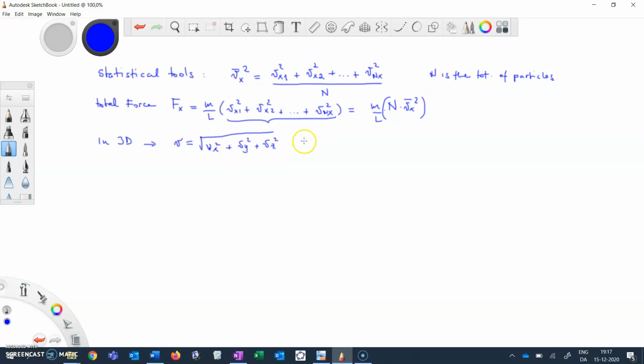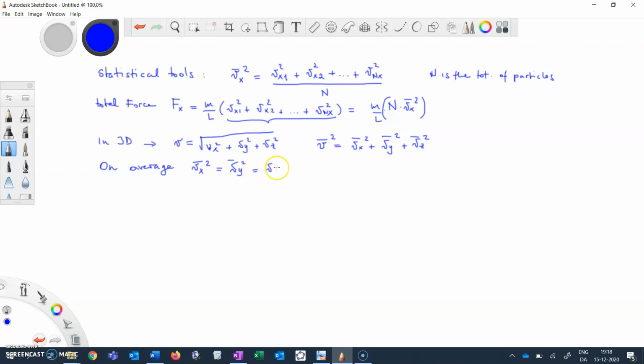But therefore, if I can define v in this way, then I can also define the v average squared, which is just going to be vx average squared plus vy average squared plus vz average squared. Now, I have to work in some condition here. I have to assume that on average, these 3 average speeds are going to be the same.